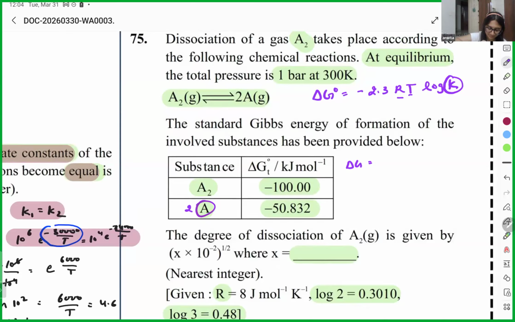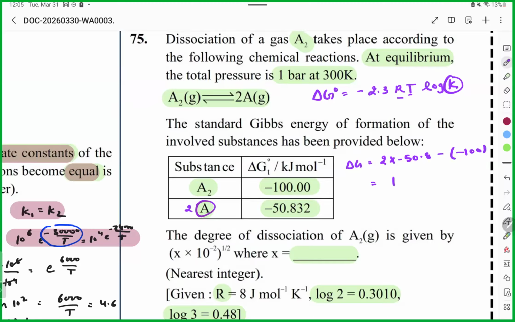So divide. Sorry. Kp, extra total mole. Got the answer? 2 into minus 50.8 minus 100.